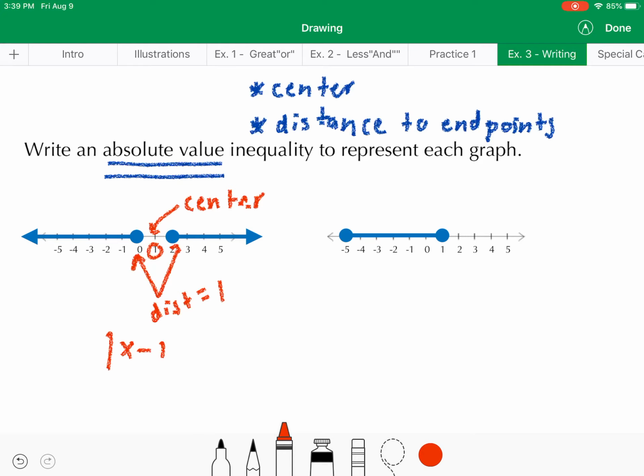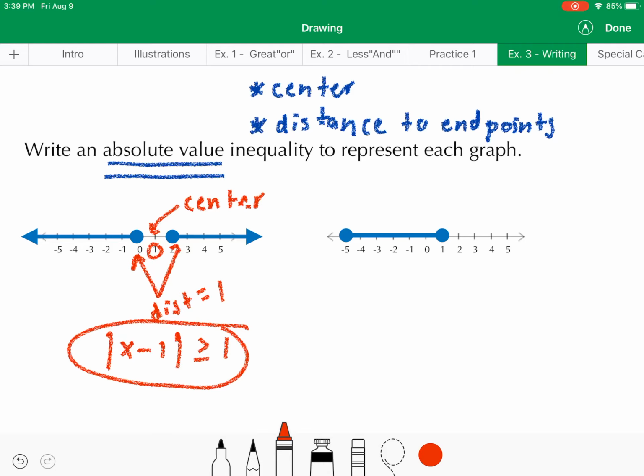The minus 1 ensures that your center has been shifted 1 unit to the right. And then you need to decide, should you use a greater than or a less than symbol. See how all of the numbers are moving 1 unit or further from the center, right? So that means the distance is increasing. It's getting greater than 1 unit as you move away. So we need to have greater than or equal to that distance of 1.